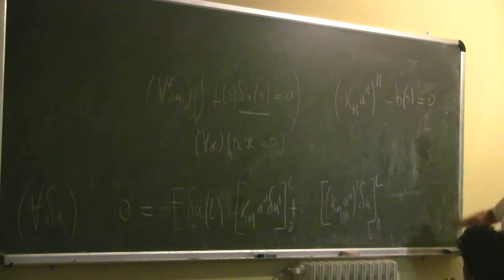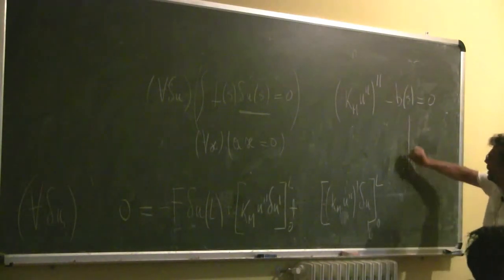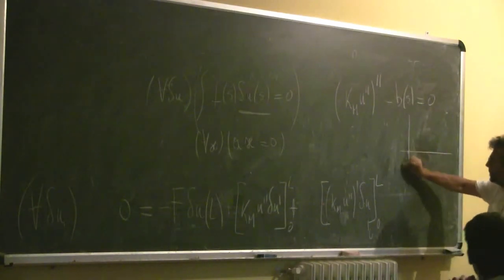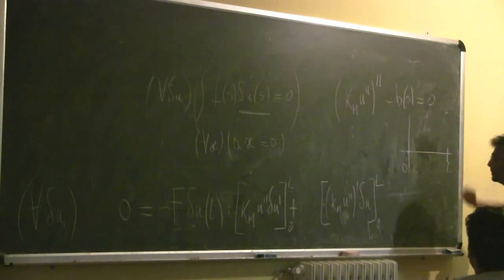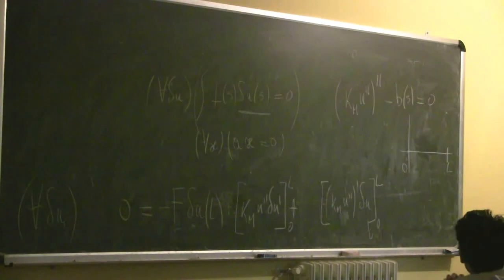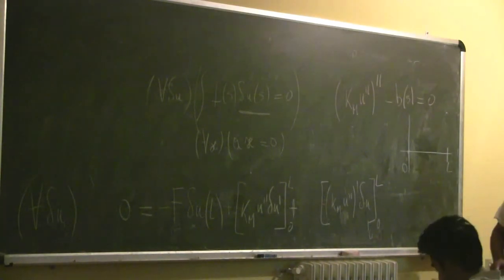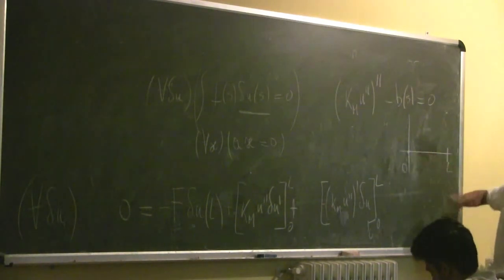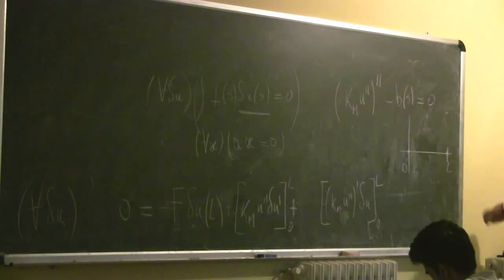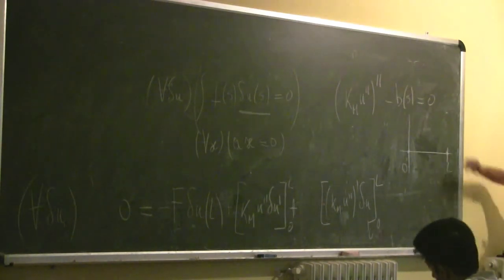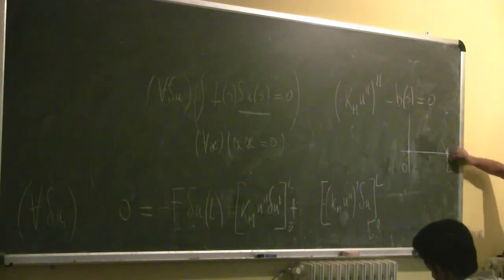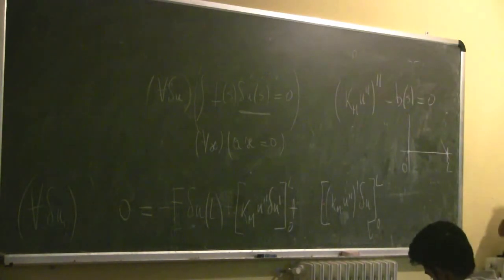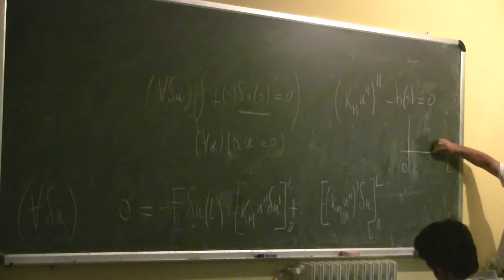Okay, so now we have another delicate point. I have 0 and L. What can I do? I can start with a delta u which is, for instance, 0 in L, but delta u prime is different from 0. So I can have a function which is doing this way.